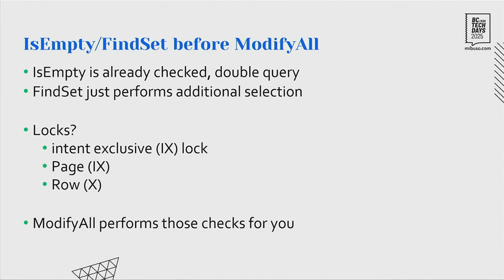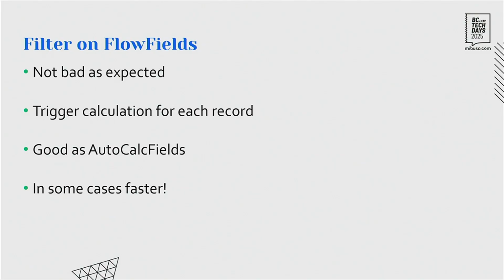Okay, let's move forward. So, filtering on the FlowFields: is it the same or is it worse than looping through and then using a custom filter on it? So basically, the filter on FlowFields is not as bad as expected.